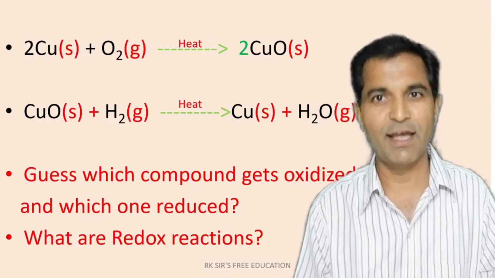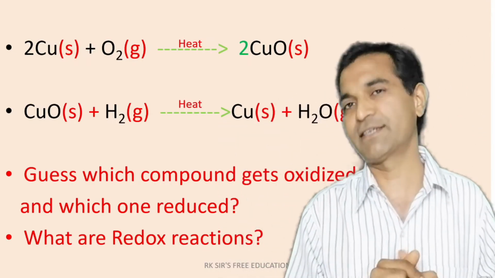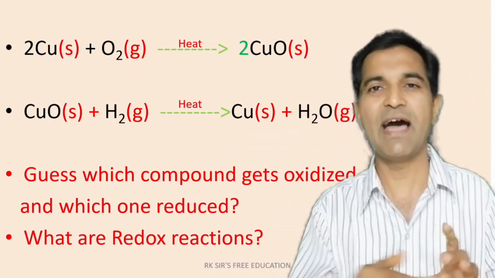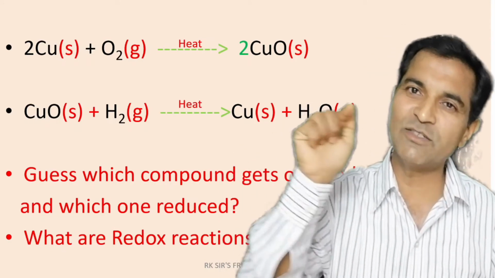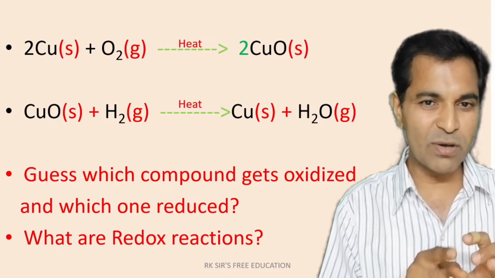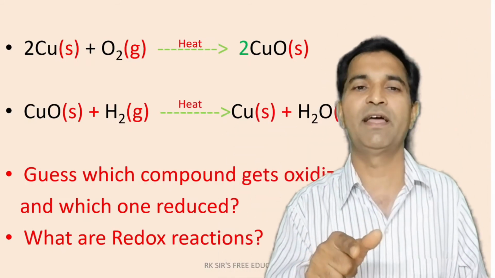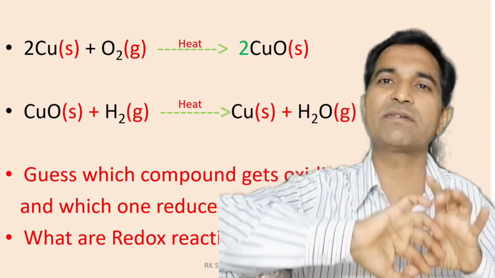So we may say that copper is getting oxidized in the presence of heat. We may say copper is getting oxidized in the presence of oxygen and producing copper oxide, hence this is an oxidation reaction. Whereas in the next reaction, copper oxide when combines with hydrogen gas in the presence of heat, copper oxide liberates oxygen.